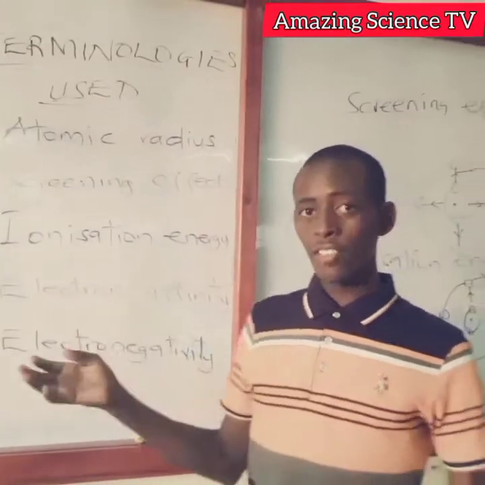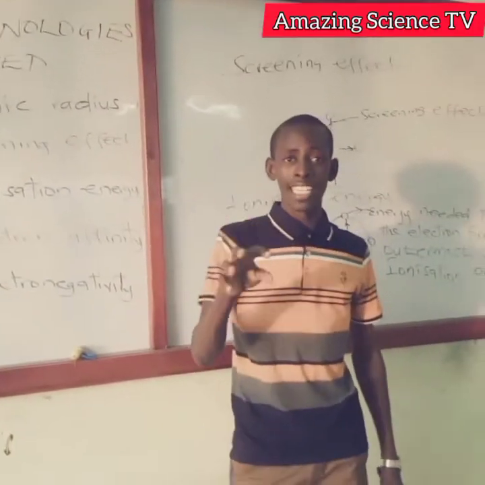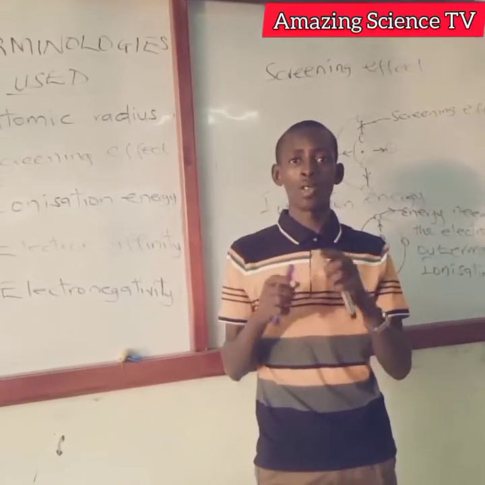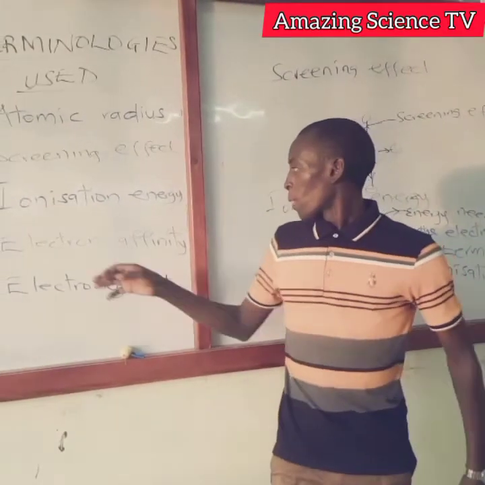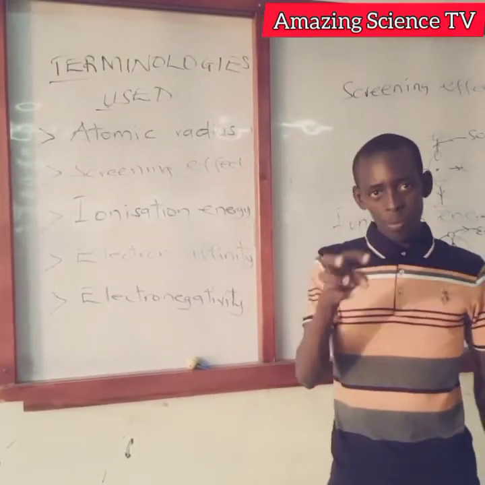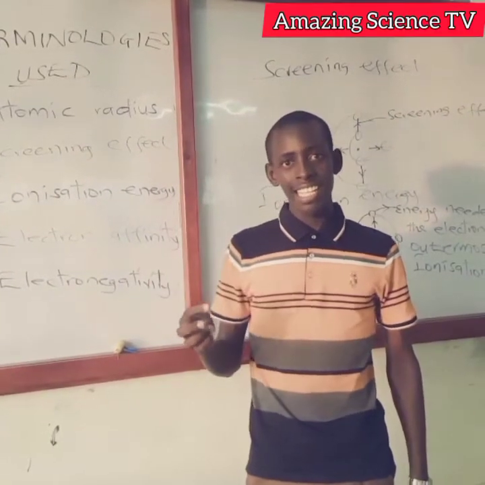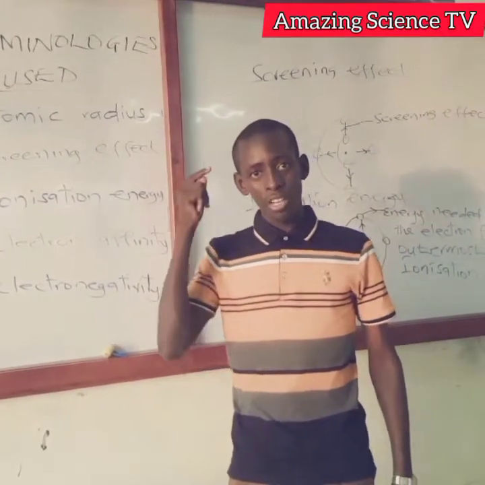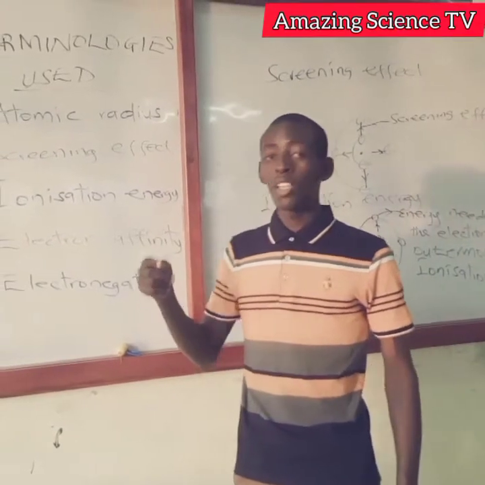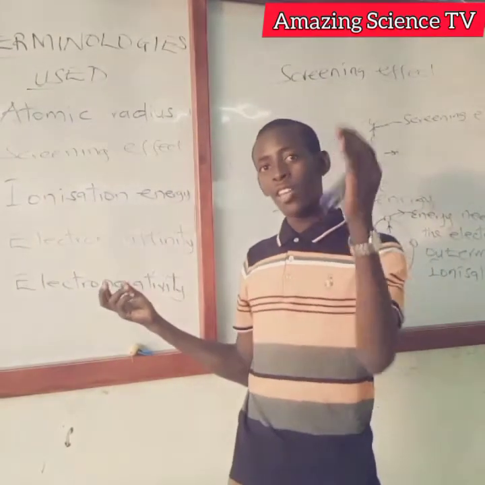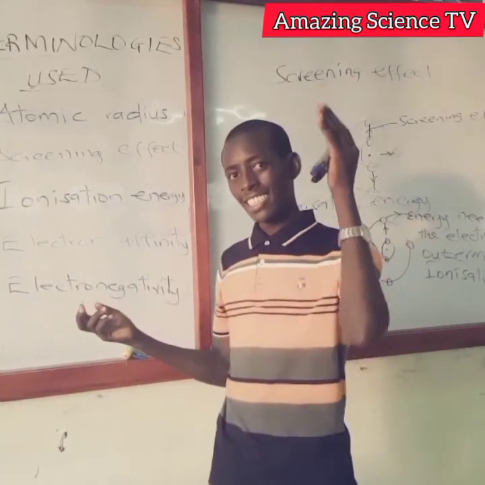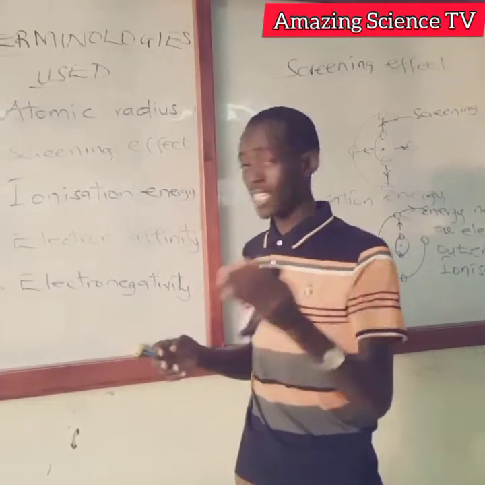So the next terminology that we shall be having is electron affinity. Electron affinity refers to the enthalpy change that occurs when a gaseous atom acquires or gains 1 mole of electrons to form a uninegatively charged gaseous ion.